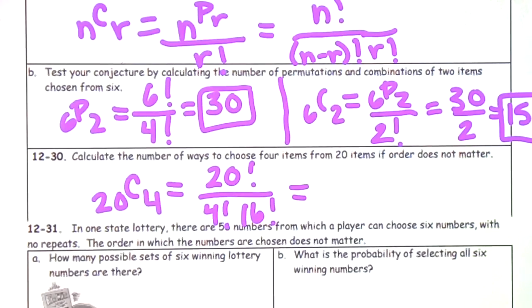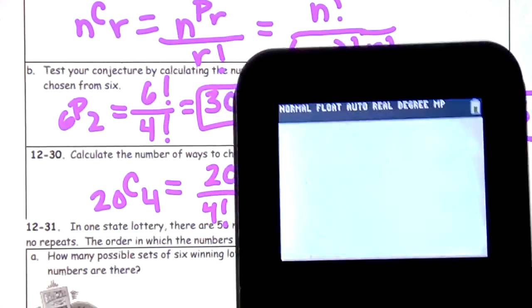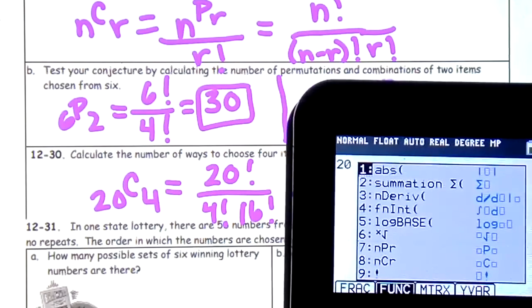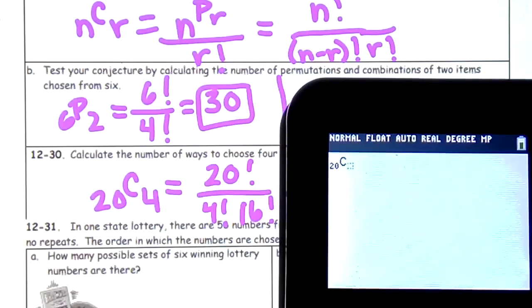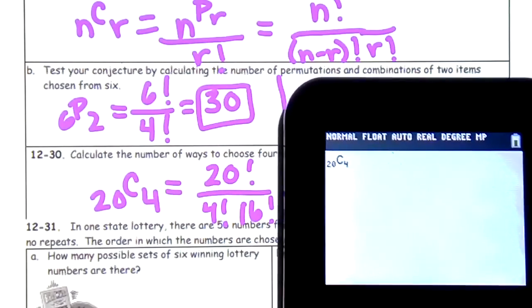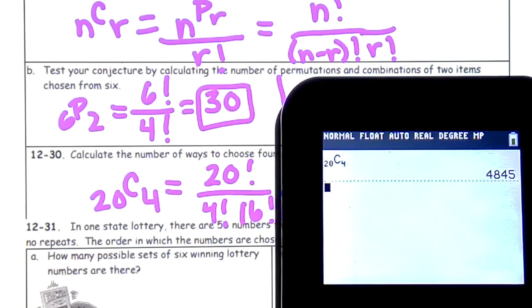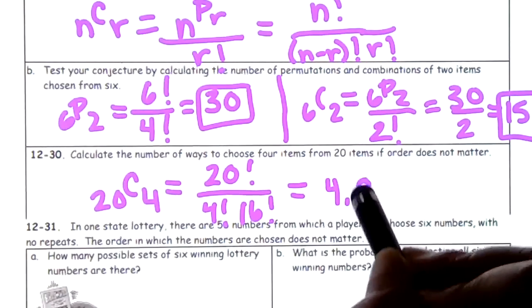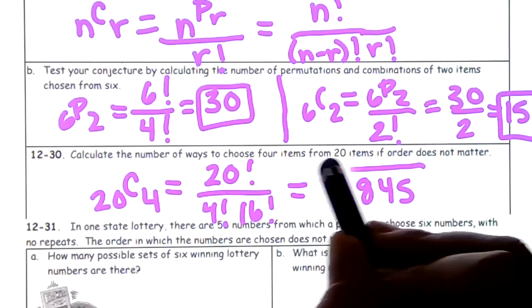When I work that out, I'm going to be doing 20 choose 4, and I end up with 4,845 different ways.